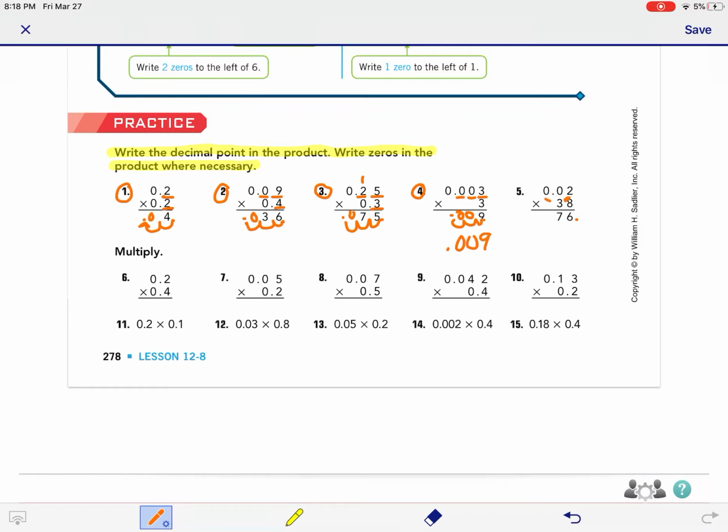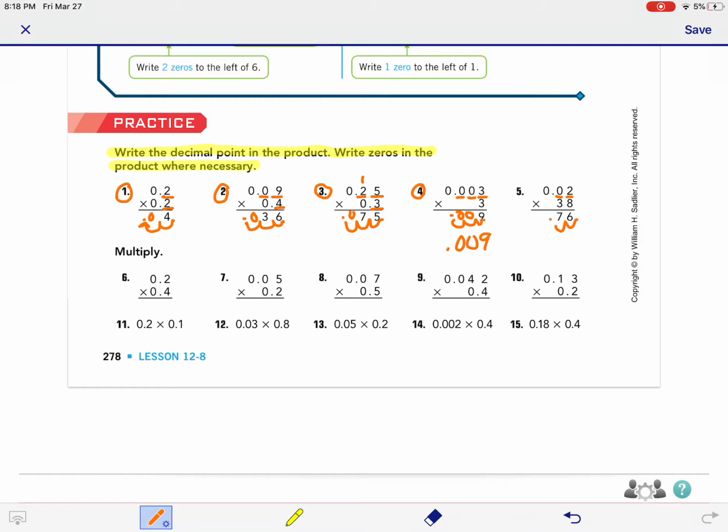They don't even want us to go through all the multiplication. They just basically set up here. All they want us to do is write the decimal point in the product. So all we're really doing is going 1, 2. 2 decimal places, 1, 2. It goes right there. Okay? They did the math for us on those, so I was doing way too much work.